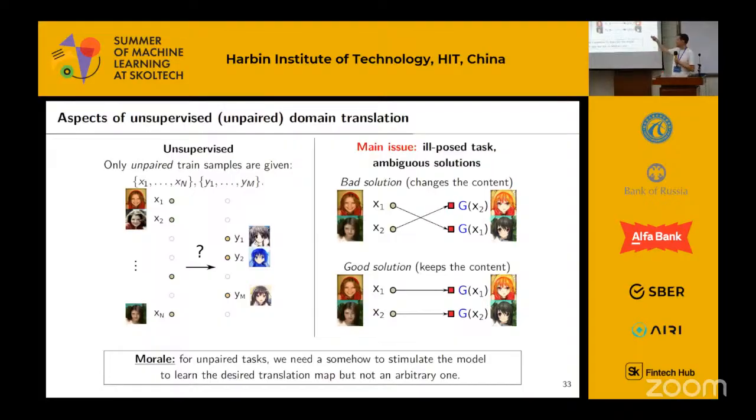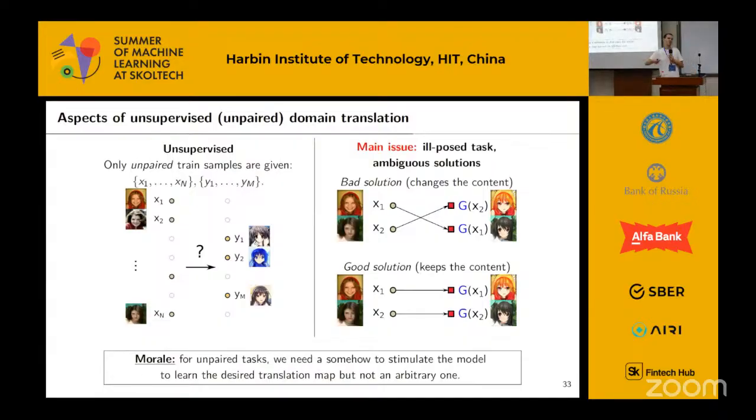Yeah. So in practice, when one usually talks about unpaired domain translation problems, one usually says that the model should learn certain domain translations which are reasonable from the practical perspective. And from the practical perspective, such domain translations are usually associated with maps which keep the content of the image.